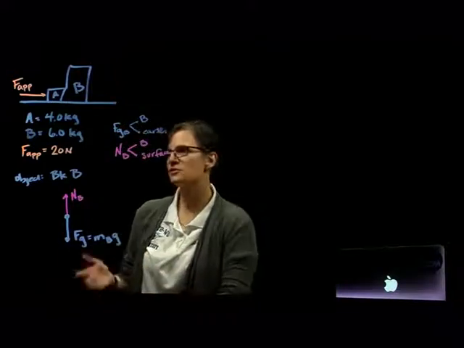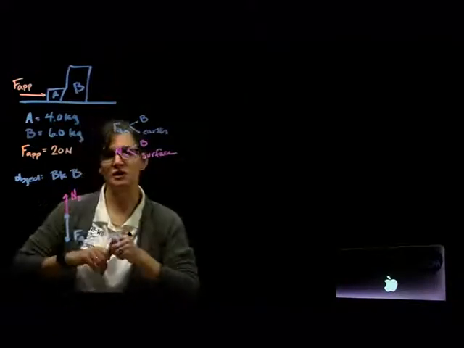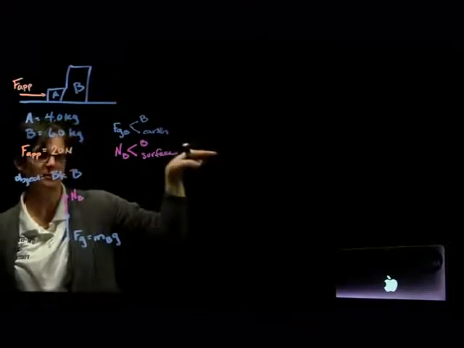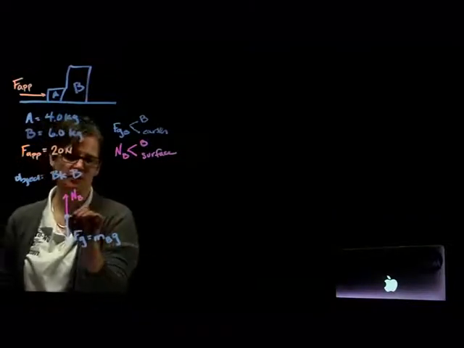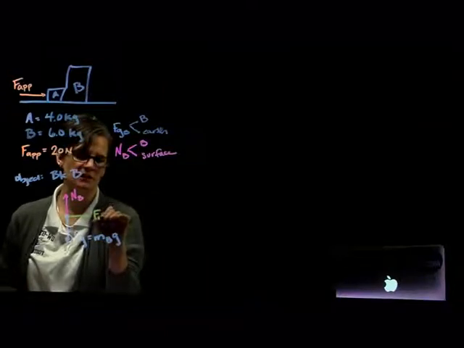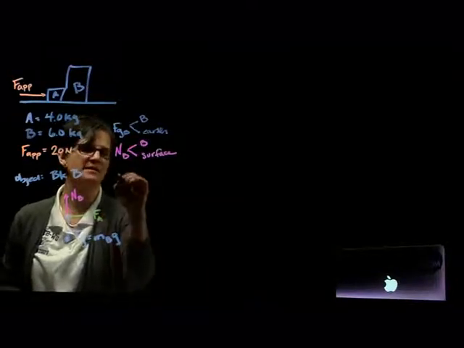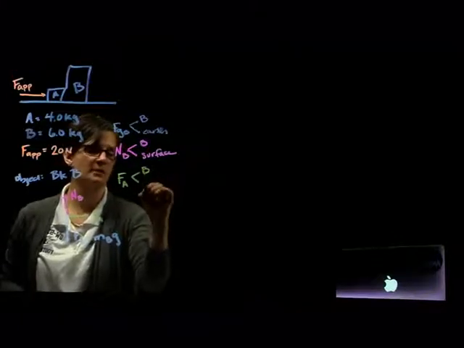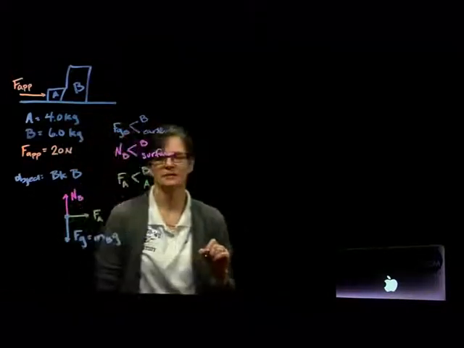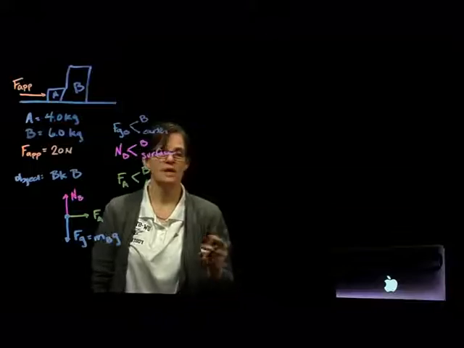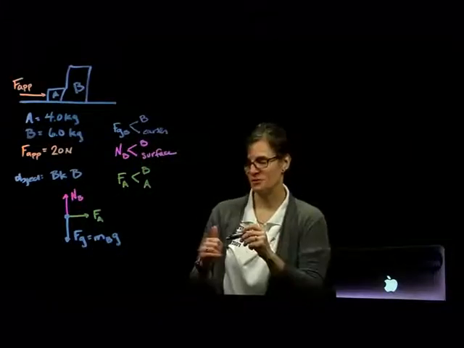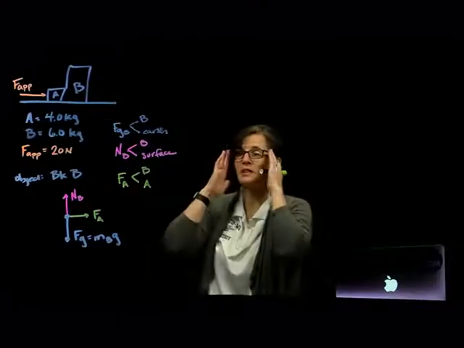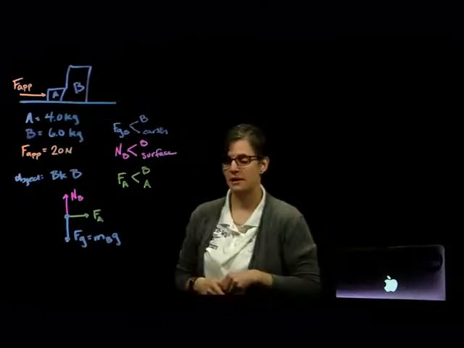And then we also know that block A is touching block B such that the force is in the rightward direction. So this is the force by A on block B. There's no friction involved, so we are going to ignore any other forces. Those are the only interactions I can see for block B.